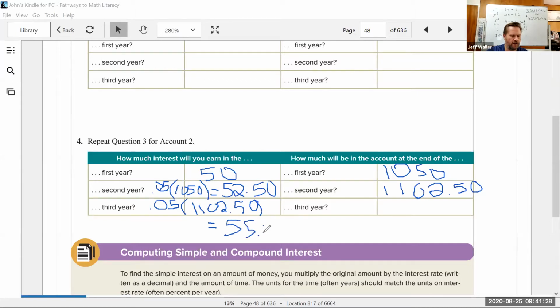And of course, you got your 12 cents and then a half penny. So at the end of the third year, I'm going to have $1,157. Keep your eye on me here. You never know when I start to go off the deep end. All I do is add in that new money I made on top of how much money I already had. All right, let me stop for a minute.